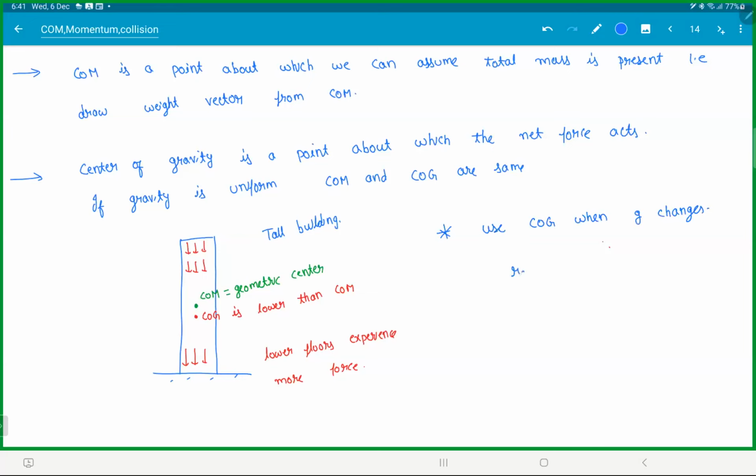The formula comes out something like this. Our center of gravity will be the integral of r df by the integral of df. It will come out like this. I'll teach you this again in gravitation. We will do one problem.